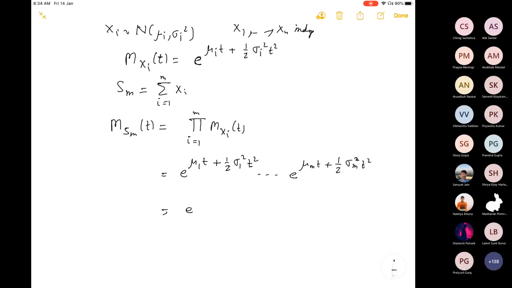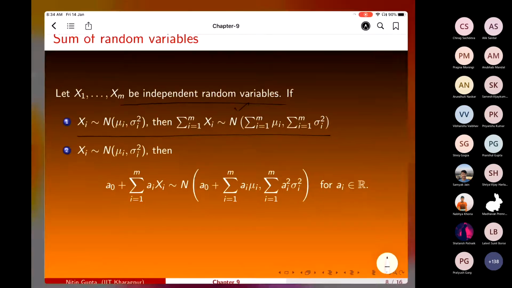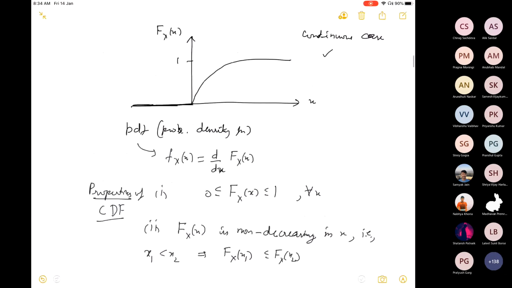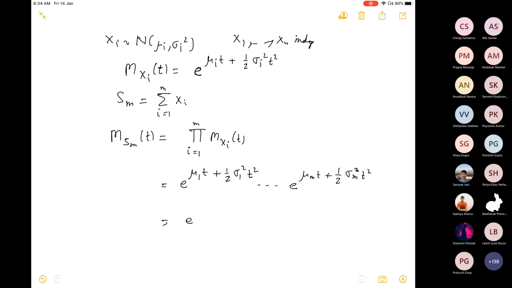Therefore, this will be e raised to power summation of mu i, i from 1 to m, times t, plus half summation of sigma i square, i from 1 to m, times t square.